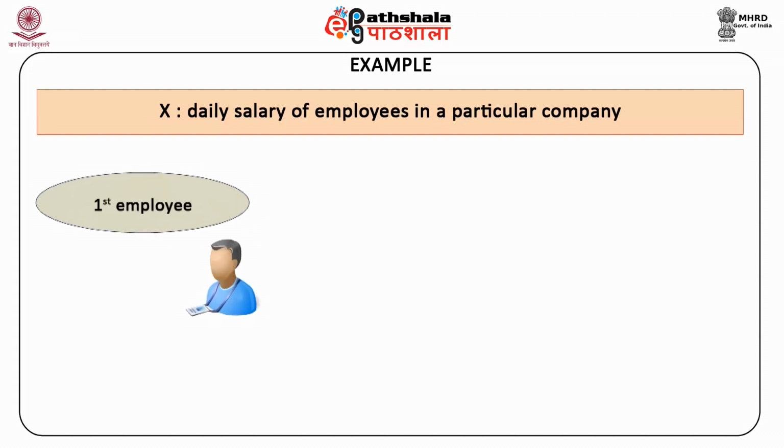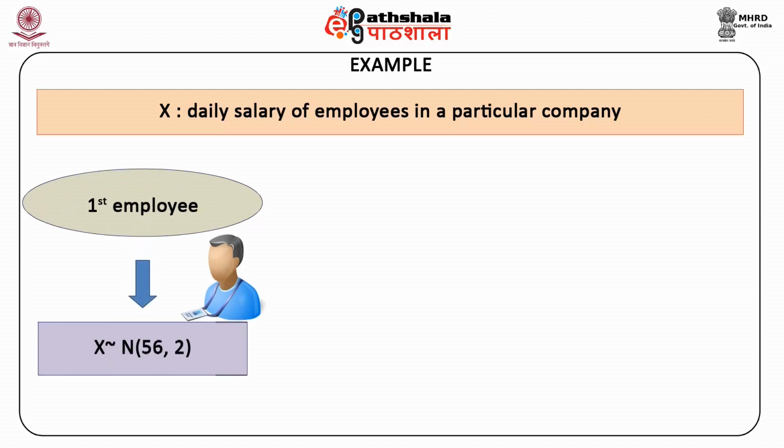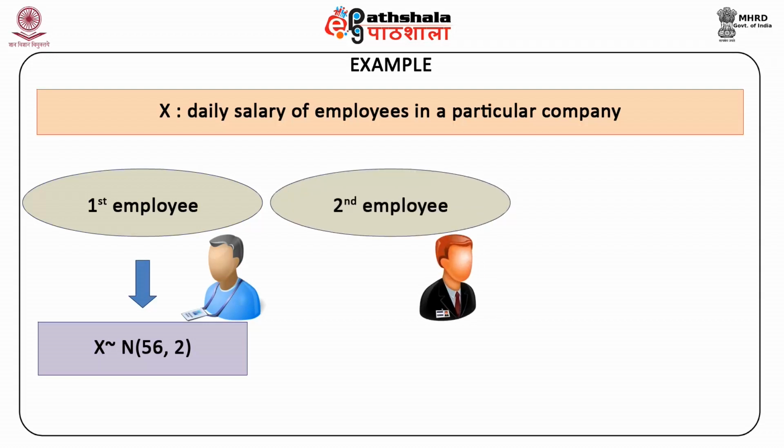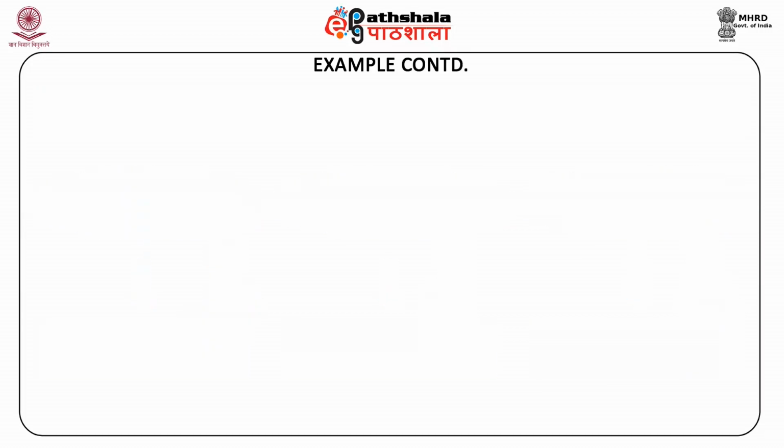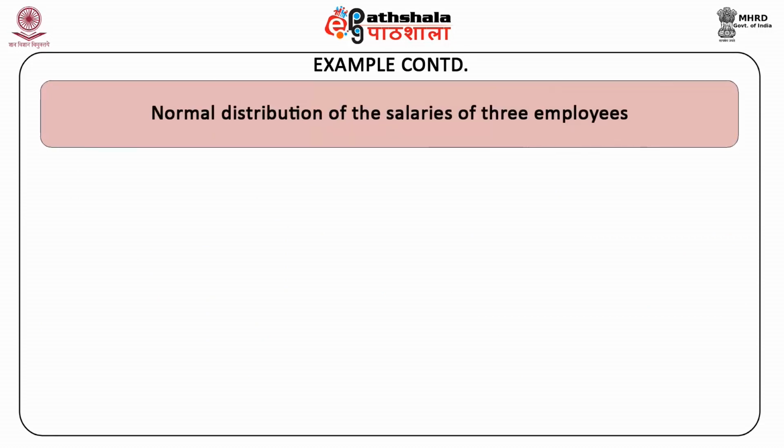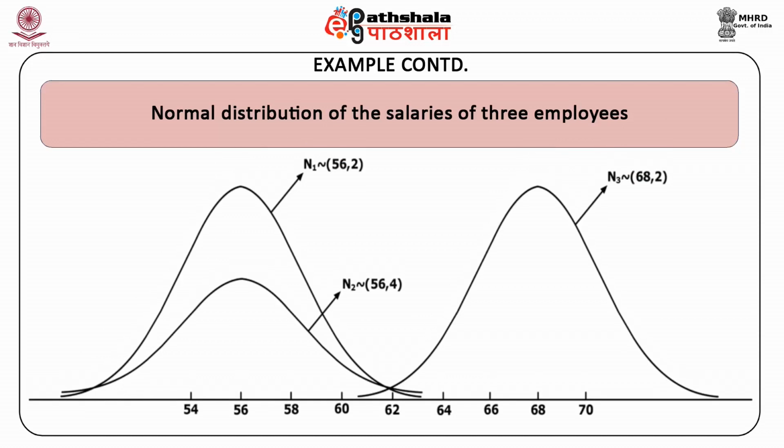Then first employee follows x equivalent to N of 56, 2. Second employee follows x equivalent to N of 56, 4. Third employee follows x equivalent to N of 68, 2. Now plotting the normal distribution of salaries of all the three employees, we get the figure as shown.